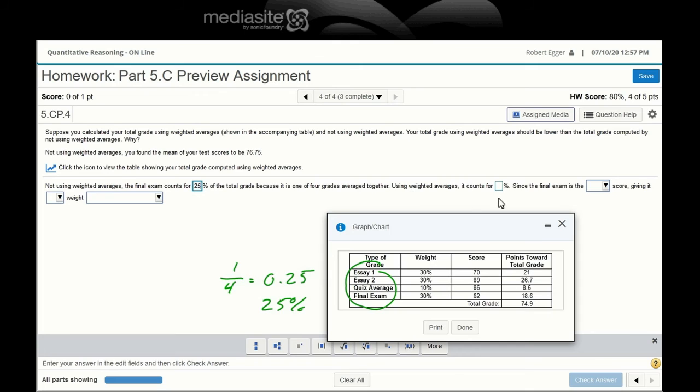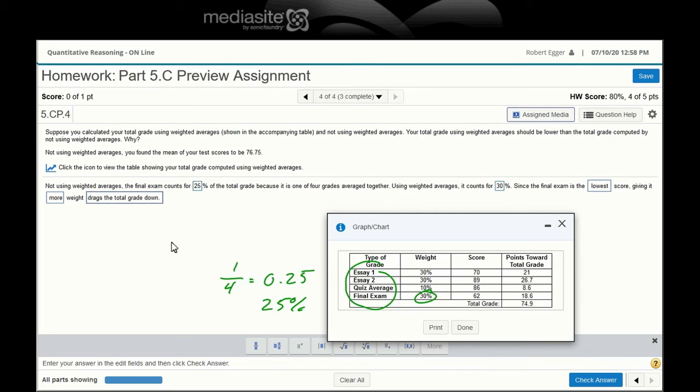Using the weighted average, your final exam counts for 30% of your grade, which is higher than 25. So the final exam is the lowest score, sure not the highest, and giving it more weight is going to drag down the total grade.